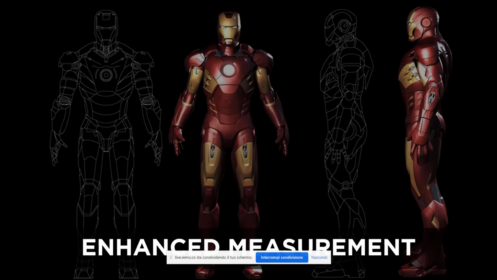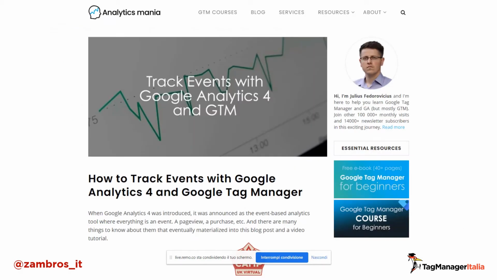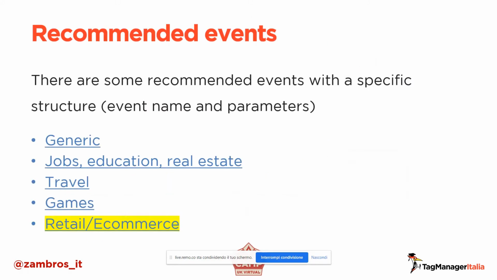The enhanced measurement is maybe the most interesting, because GA4 can collect specific user engagement like scroll, outbound links, site search, video engagement, and file downloads. If you want more information about the enhanced measurement, I suggest Julius' guide. I don't know if he's here, but hi, Julius.